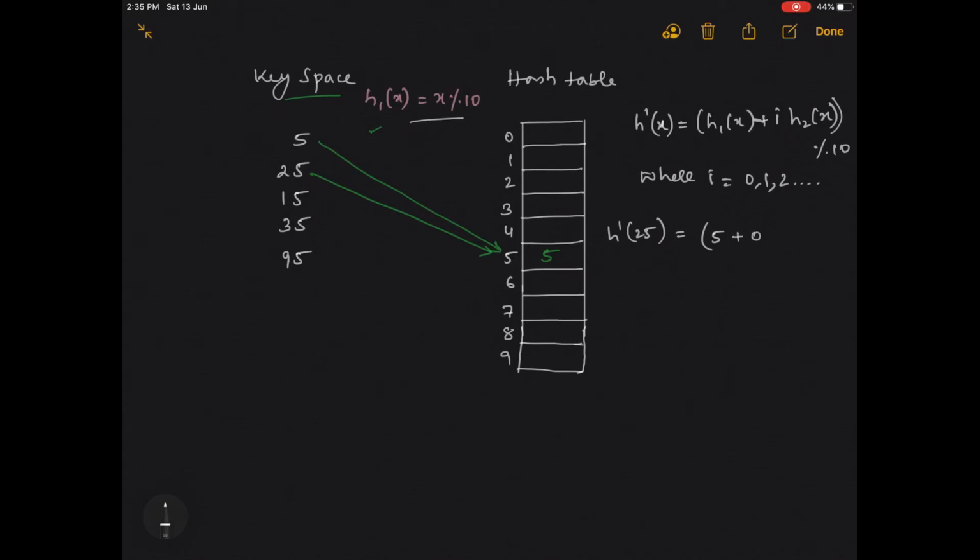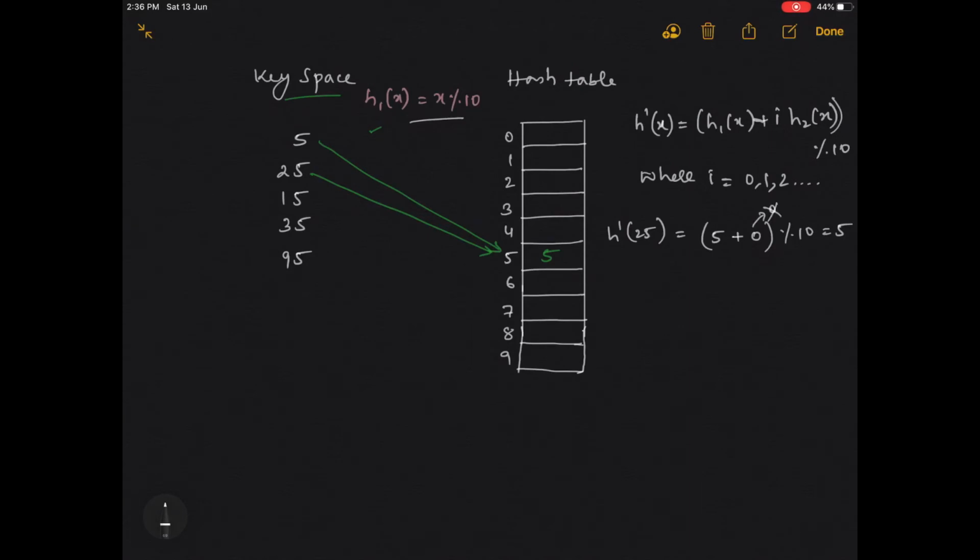This is the first desired property: it should not give i as 0. If it is 0, we again have the same answer, 5 plus 0 mod 10 is again 5. We want a different location, so it should never result in 0.